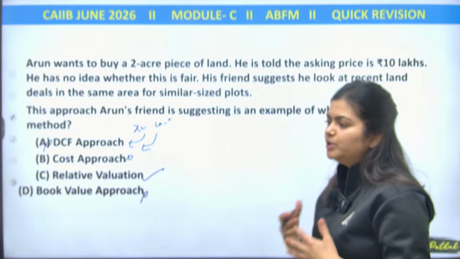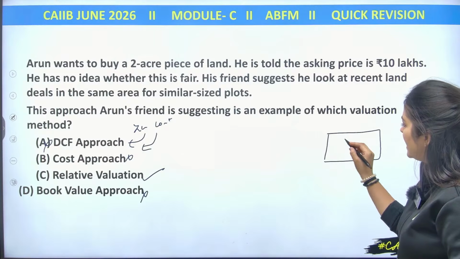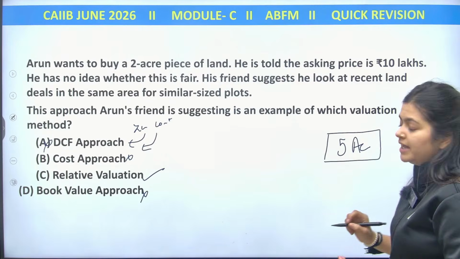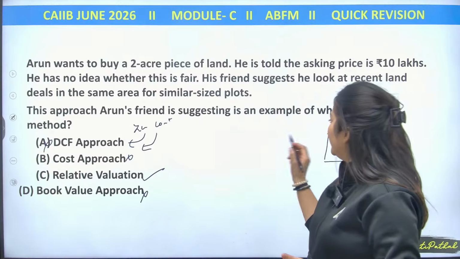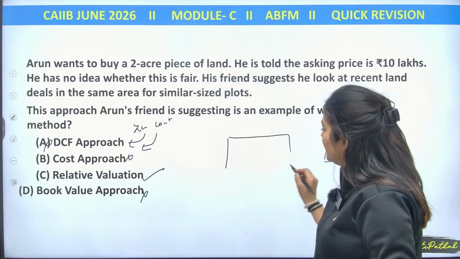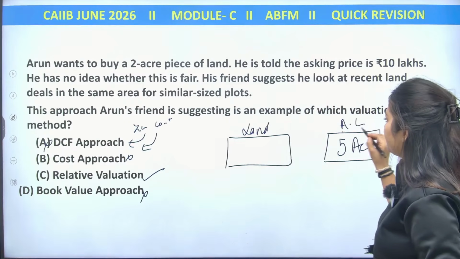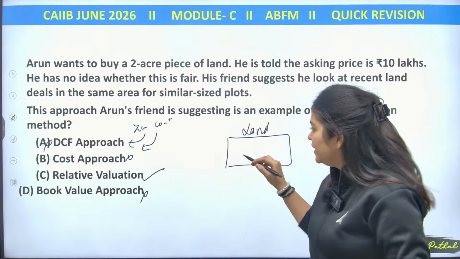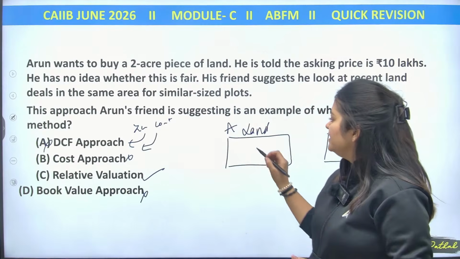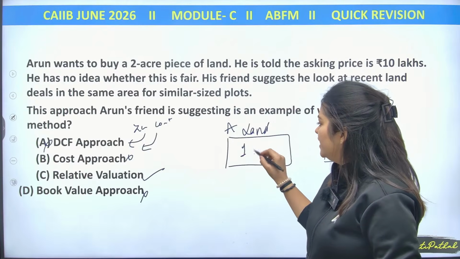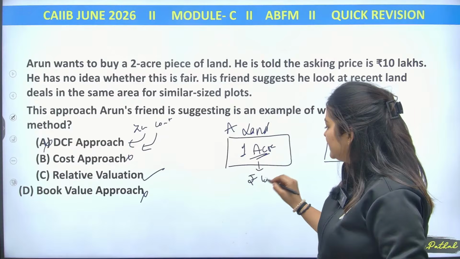Suppose I want to sell my land, and let's say this land is 5 acres. Now I don't know what value I should keep for this. So what I can do is identify similar land. Let's say this is my agricultural land, so I will search agricultural land nearby in that particular area. And let's say this land is 1 acre and recently they sold this 1 acre land for rupees 10 lakhs.